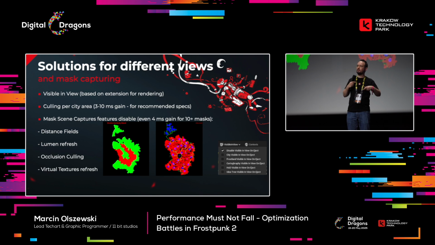It's more at render moment that we define what is visible and what's not. And it's based mostly on behavior similar to what we have in scene captures when you set up actors or components to be rendered. That's the only modification in the engine that we had to make for the main camera.